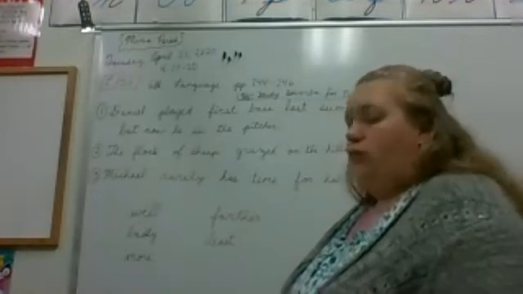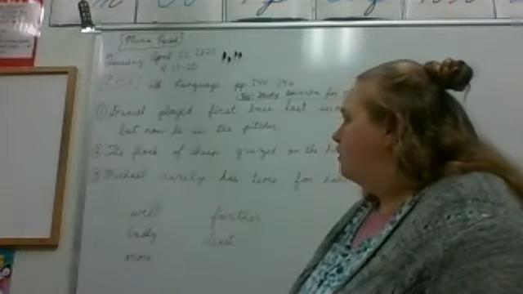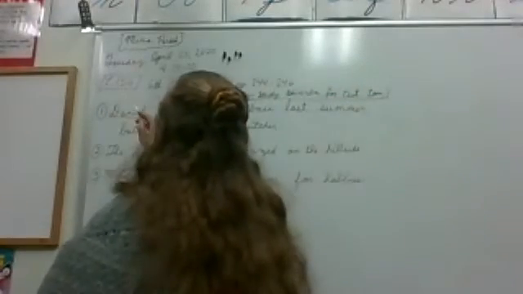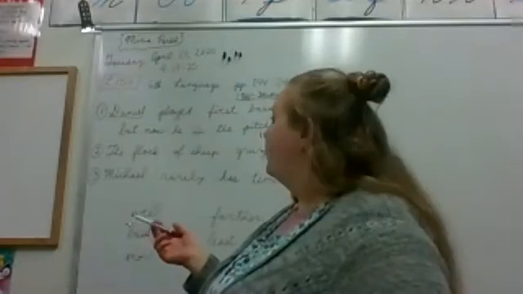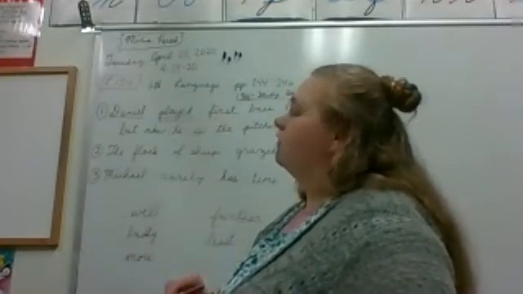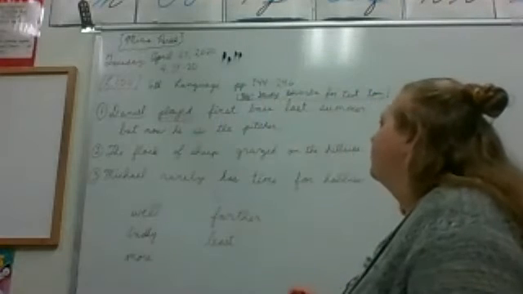So, where are our subjects and verbs? What's it talking about? Who's it talking about? Daniel. And Daniel did what? Or is there a linking verb? Played, okay? Is played action or linking? Action, okay? What did Daniel play?